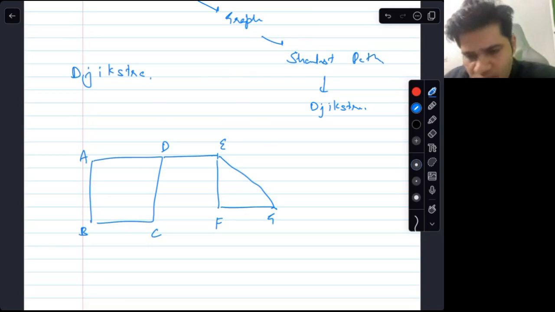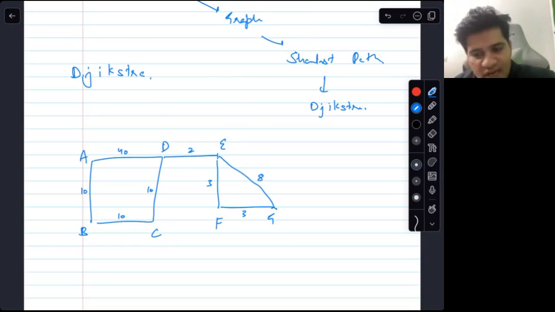This road is 10 kilometers long, 10 kilometers, 10 kilometers, 40 kilometers, 2 kilometers, 3 kilometers, 3 kilometers, 8 kilometers. So this is a graph.